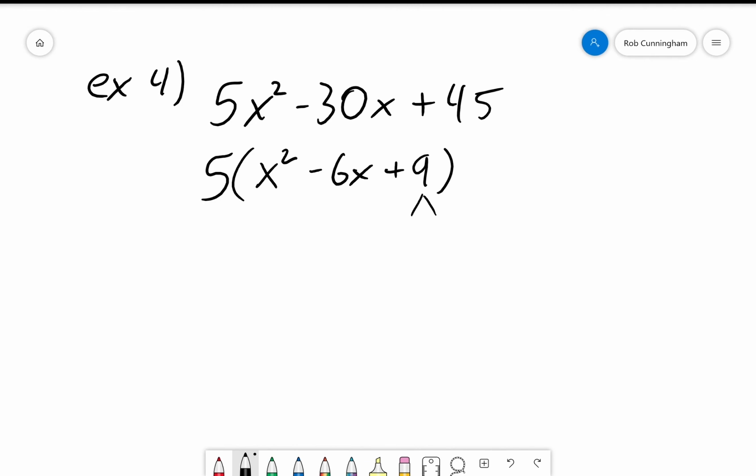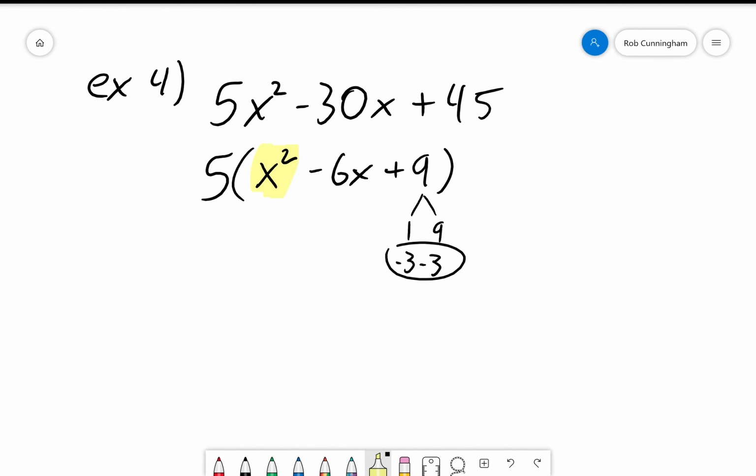Well, again, we've already worked with 9, so it's only 1 and 9 or 3 and 3. And it looks like -3 and -3 will get us to -6. Now again, because we have just this x squared here, we don't have to go through all the hassle of splitting the middle term.